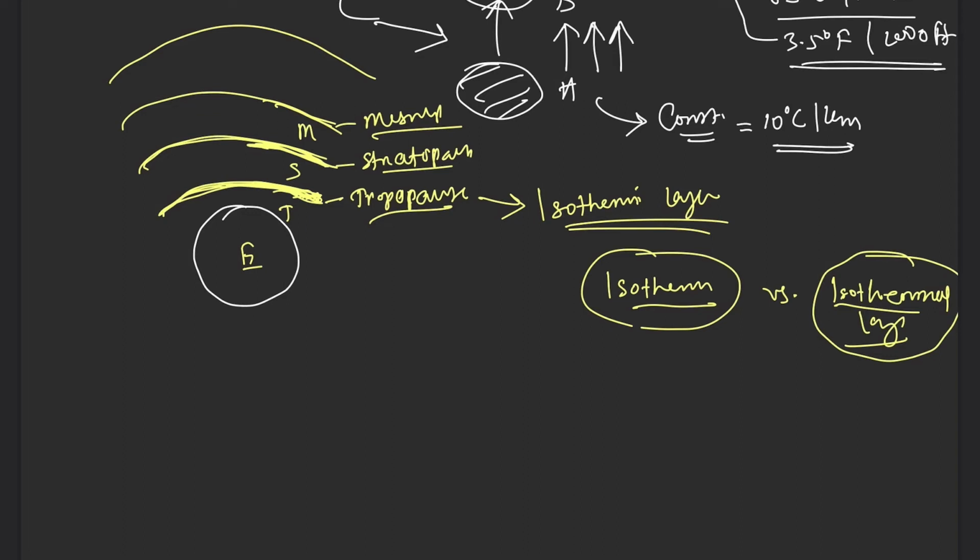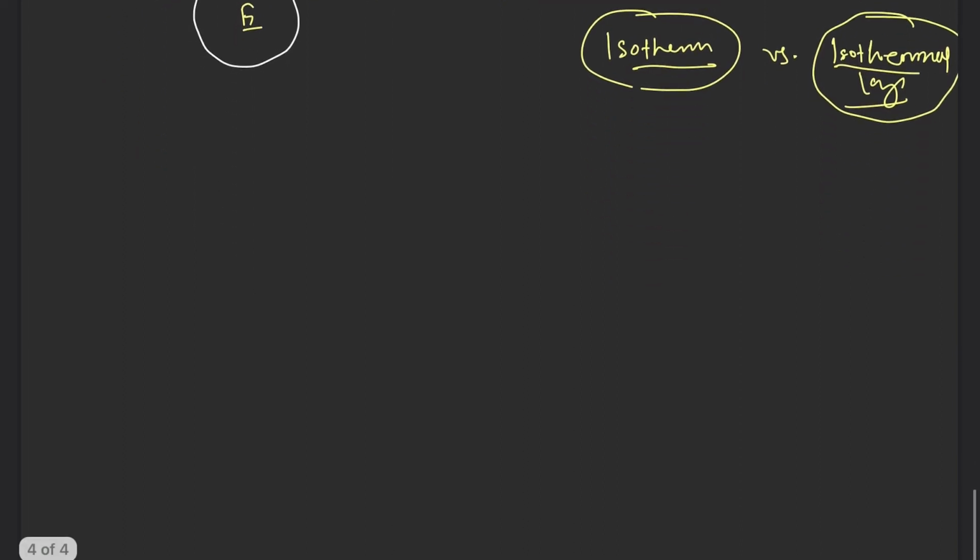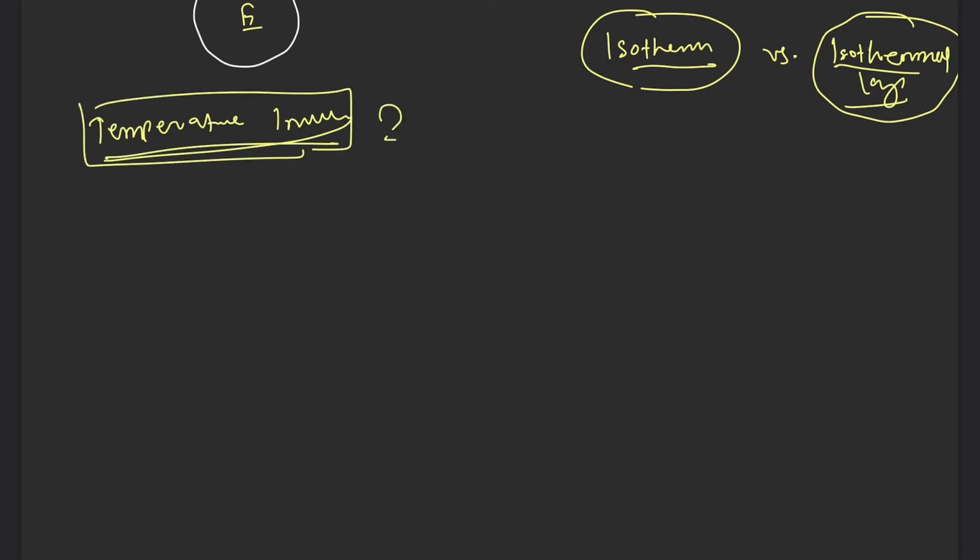Are we clear? Then another thing is there, that is called temperature inversion. What is temperature inversion? If we go upward, or increase the altitude, the temperature increases in the troposphere.